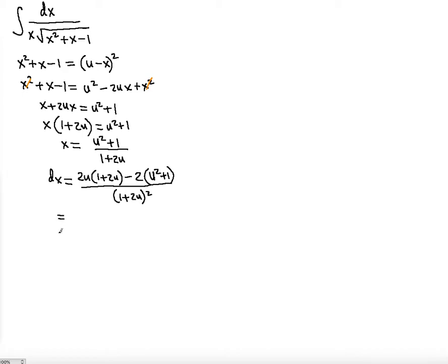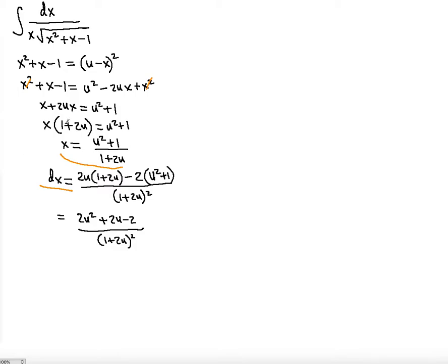So this simplifies as 2u squared plus 2u minus 2 divided by 1 plus 2u squared. So as a result, there's one more thing that you need to do. Well, we already did it actually. We solved for x, we solved for the dx, and we solved for this trinomial under the square root. We know that this is the value.